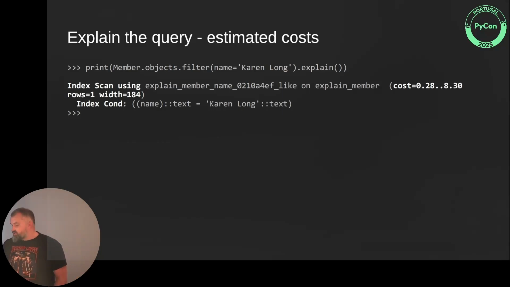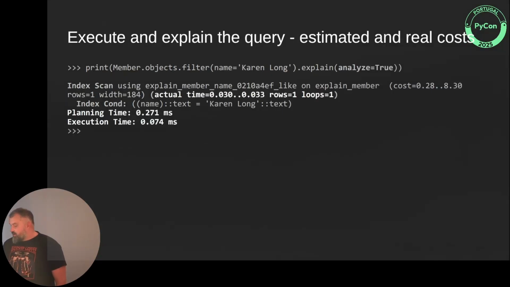Now, however, the user input comes in different forms. The other very important flag is analyze equals true. Instead of just the database telling you how it thinks it will execute the query, this actually forces the database to execute the query and then report timings back to you.